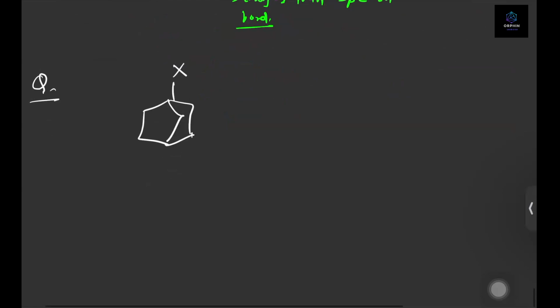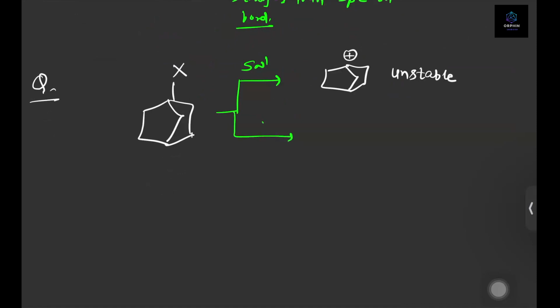So when SN1 happens, the formation of carbocation takes place, right? If you remove the leaving group, the carbocation which is forming is highly unstable because of the bridgehead position. So because of that, SN1 won't happen. Then if we talk about SN2, because the carbon is a 3 degree carbon, on the 3 degree SN2 is not allowed, right?